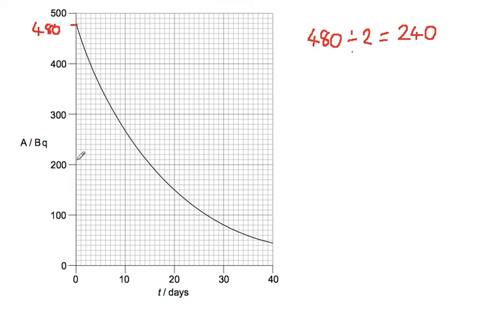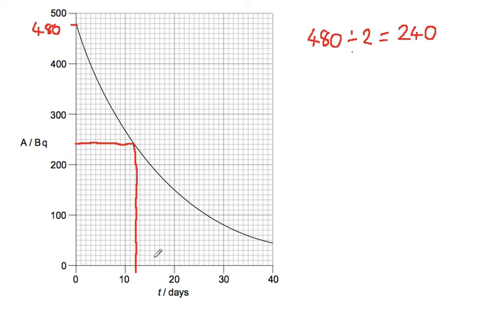So 210, 20, 30, 40. And then we're going to use a ruler to draw a line across to the curve itself. Obviously you will use a ruler for this in the exam. Then what we do is we come down from that line all the way down again with a ruler to our x-axis, and we're going to read that off.